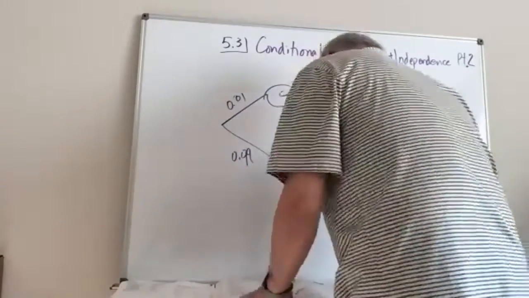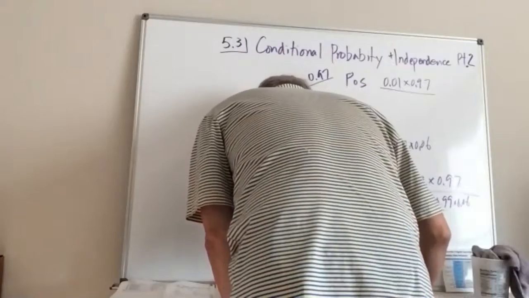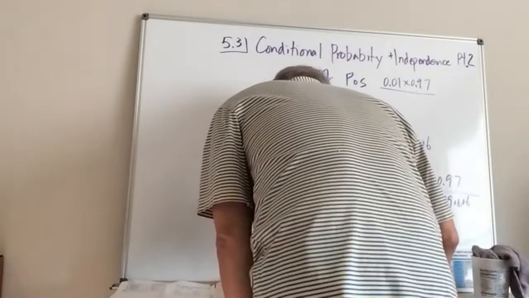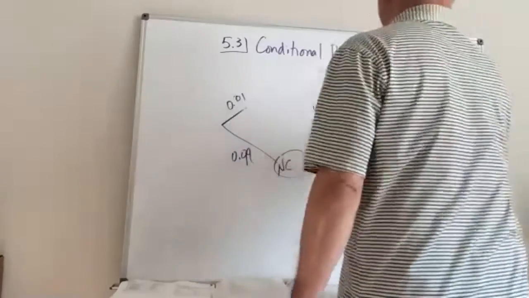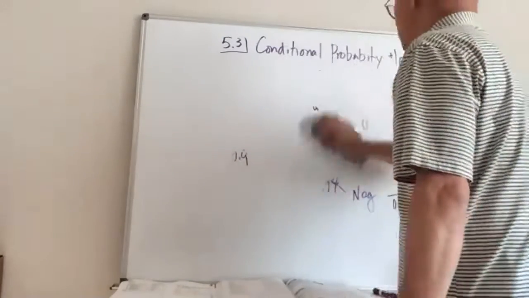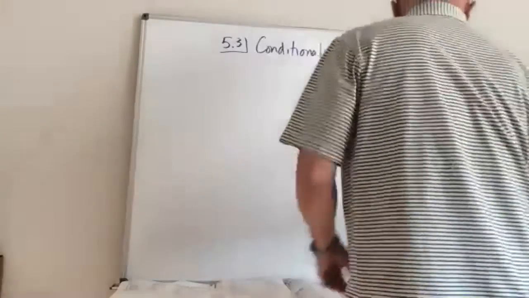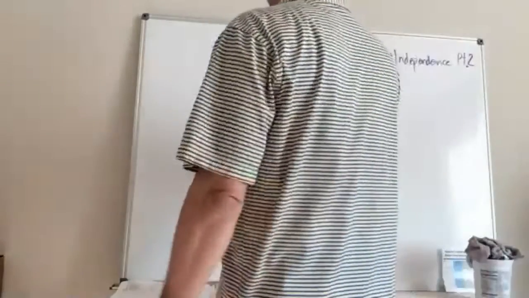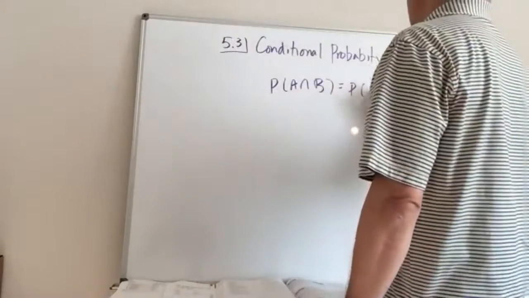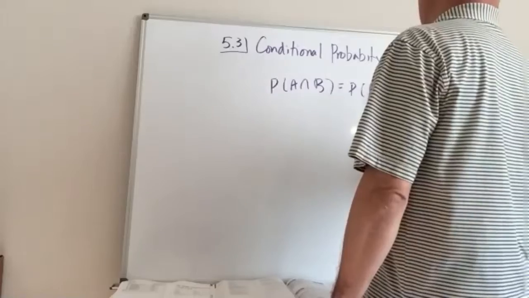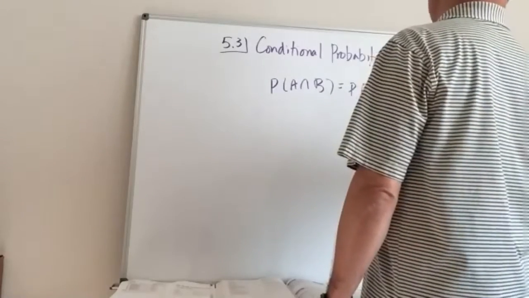Let's go ahead and flip the page, go to multiplication rules for independent events. Okay, so the multiplication rule, let's start with the general multiplication rule. The general multiplication rule said that P(A and B) is equal to P(A) times P(B given A).